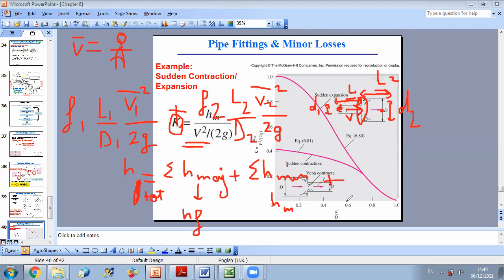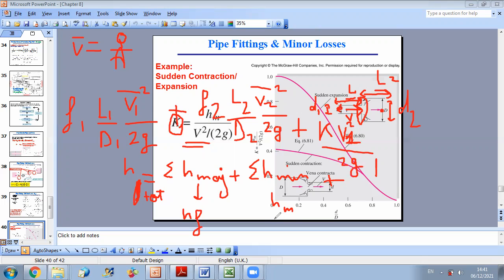This is why we should add here a plus K times V1 square over 2g, because as we have seen in the figure, it's relative to the velocity in part 1. Okay, so it's K V1 square over 2g.